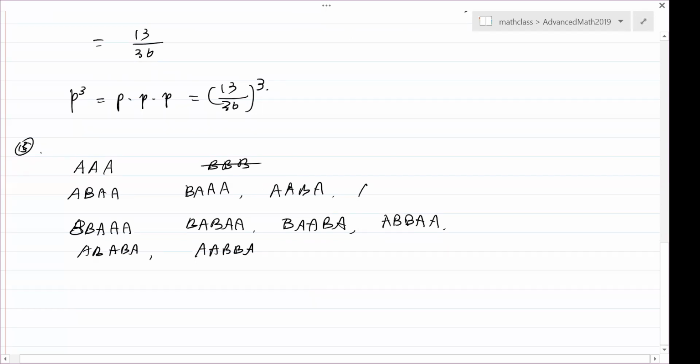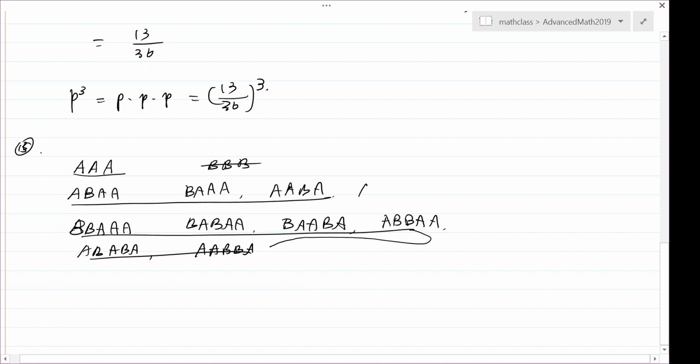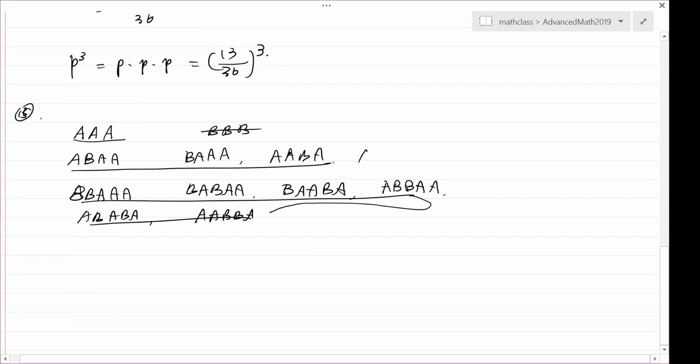Then you use the product rule along each line to get the probability. The team A wins the first time, second time, third time: what is the probability?